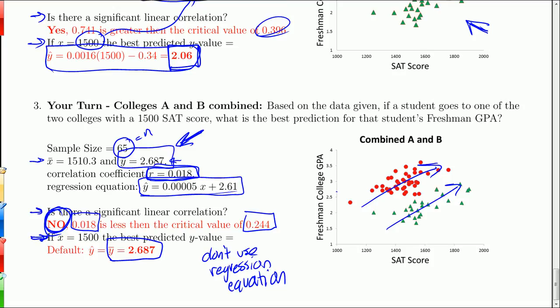And again, they happen here too. When we combine these two categories, suddenly there is no correlation. Right? R is about 0.018. So our information is lost when we combine the categories.